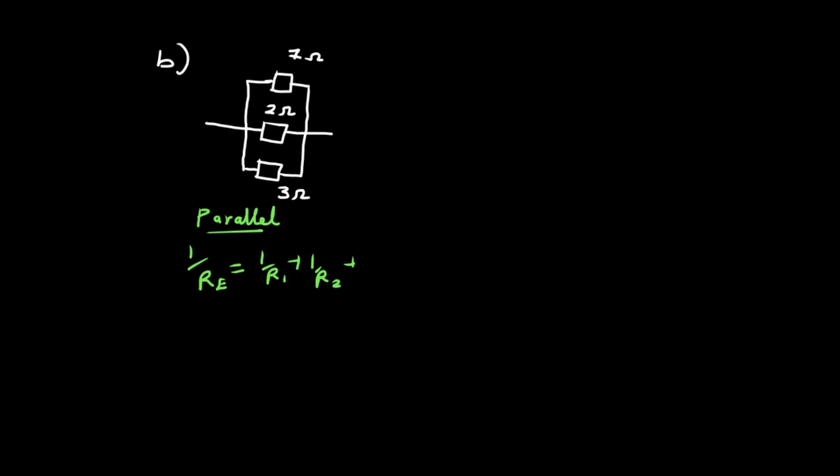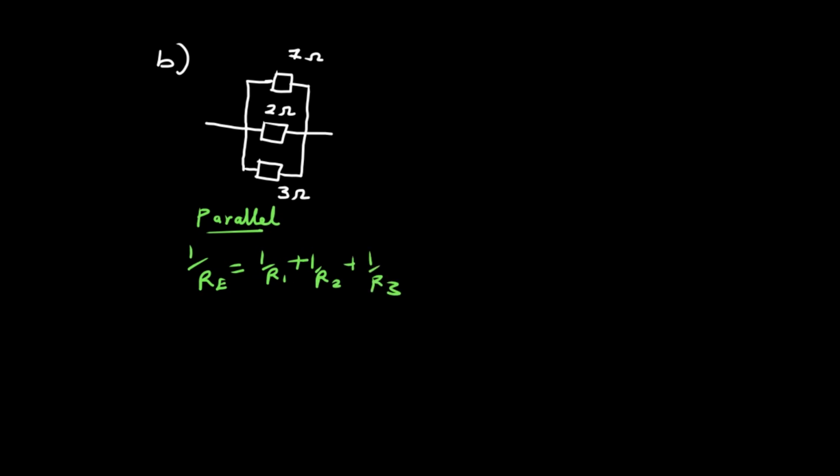Example 2. As you can see from this example, the resistors are in parallel. And for parallel connection, we use the following formula. 1 out of R effective equals 1 out of R1 plus 1 out of R2 plus 1 out of R3.